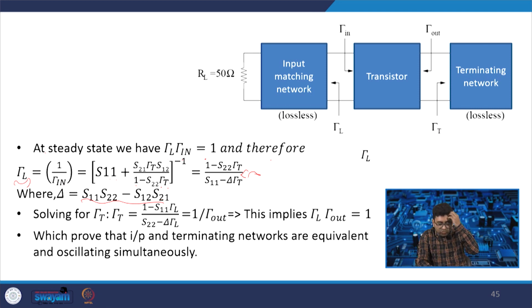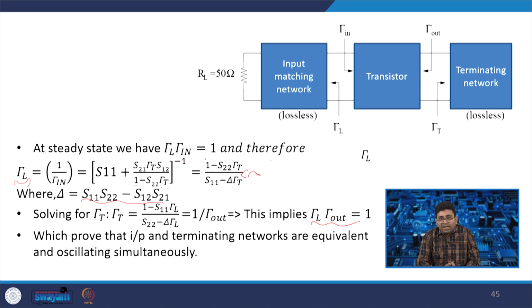So, if you try to solve for gamma T, it is equal to (1 minus S11 gamma L) by (S22 minus delta gamma L), which is equal to 1 by gamma out. So, we can also write it down, gamma L gamma out is equal to 1.